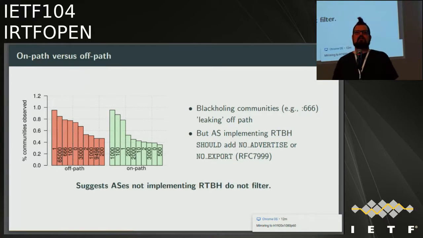And we think that this comes from the fact that ASs that are not implementing blackholing will just forward blackholing communities, compared to ASs that do blackholing, which follow the blackholing RFC and do not further propagate these communities. So they will not be visible off path.